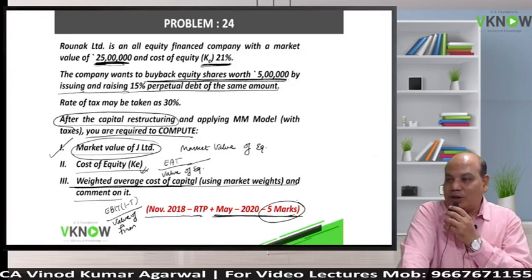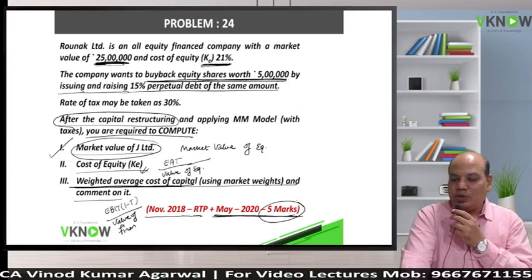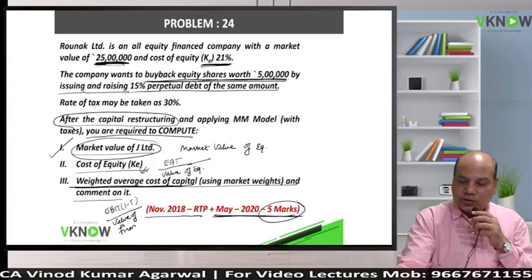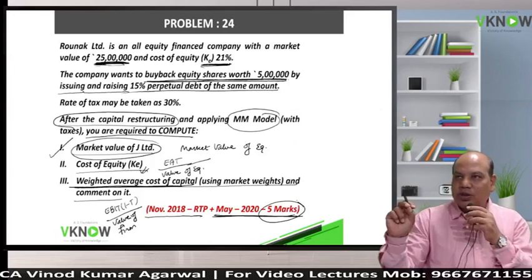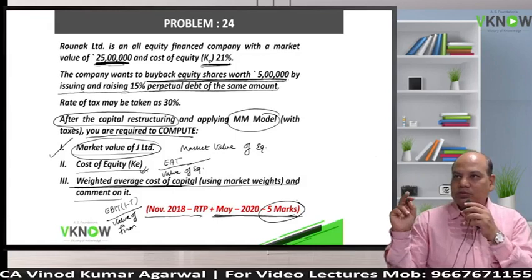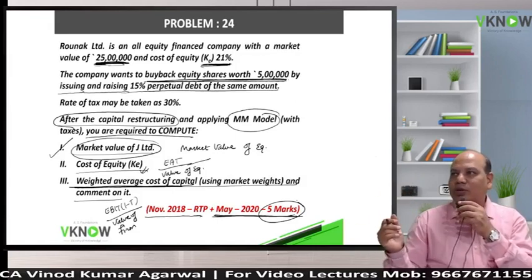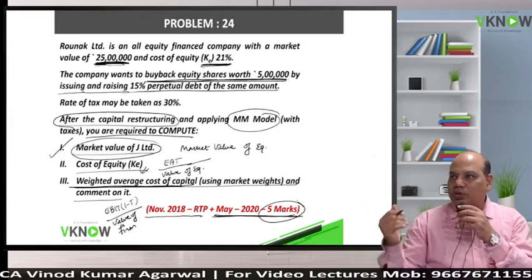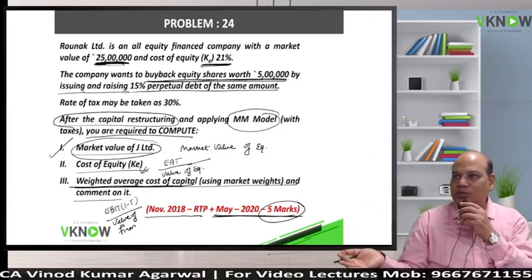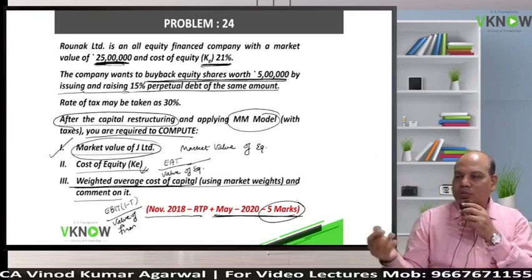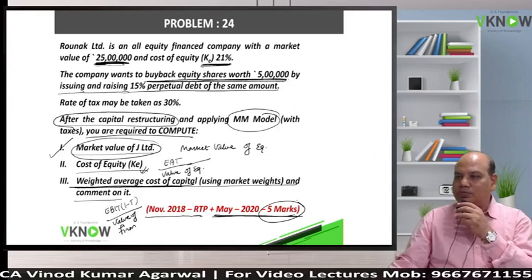You may find it repeated, boring, but in the exam hall, very few students are able to exactly understand what I have to do, which formula to be used. So when they are saying M&M approach with tax, first thing unlevered firm value, second thing levered firm value, minus debt is value of equity. EAT upon value of equity is cost of equity. EBIT into 1 minus T upon value of the firm is overall cost of capital of the firm.